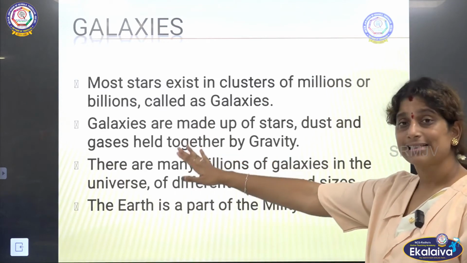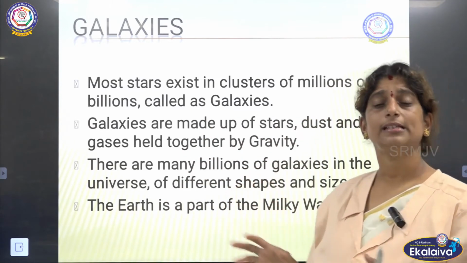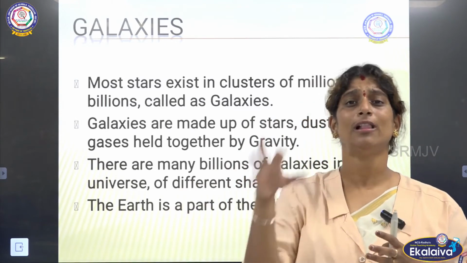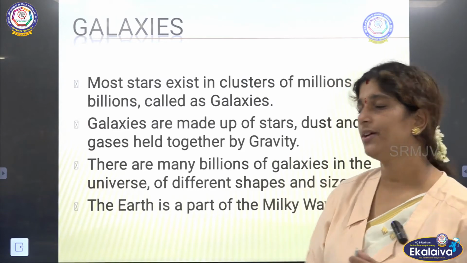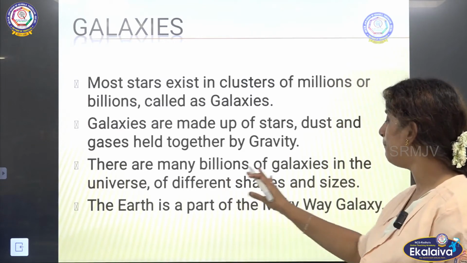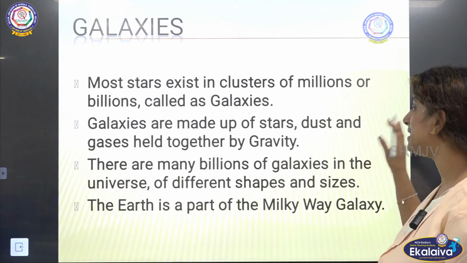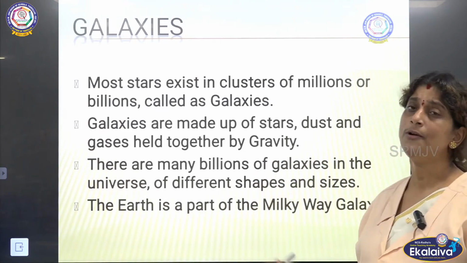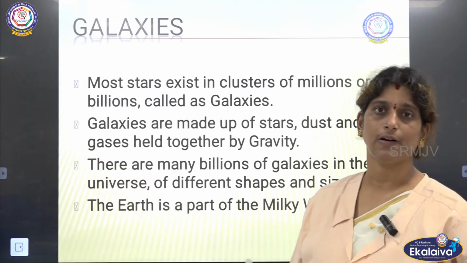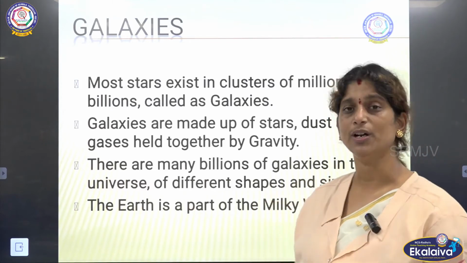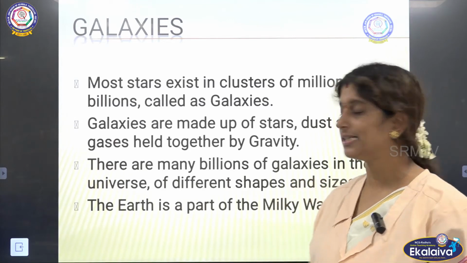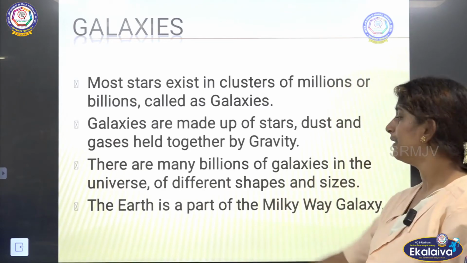So the galaxies are completely made up of stars, dust and gases, and all these are held together by gravity. And there are many billions of galaxies in the universe of different shapes and sizes. So there are various galaxies in the universe and they have various shapes and sizes.